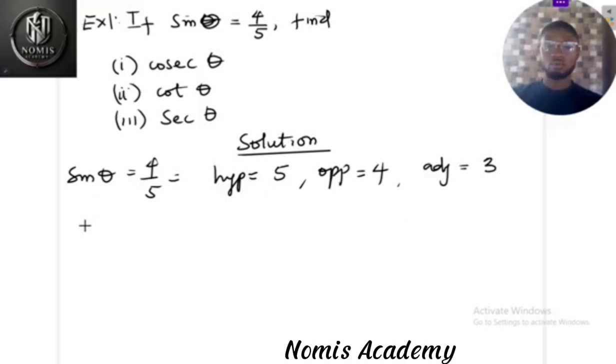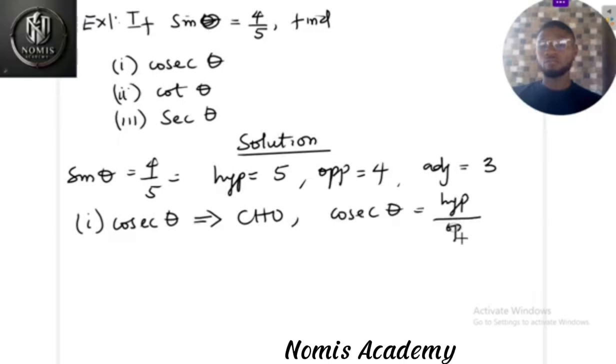So we know that Roman figure 1, cosec theta, is our CHO. Remember it with CHO. CHO simply means that cosec theta is equal to hypotenuse all over opposite, and the hypotenuse is just 5, and our opposite is 4, so that is 5 over 4.